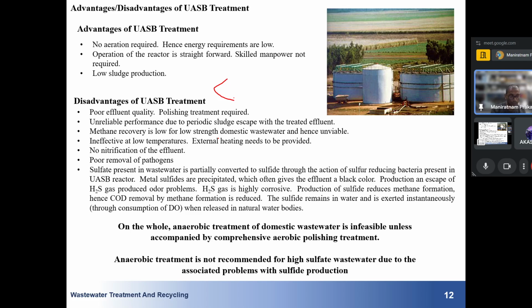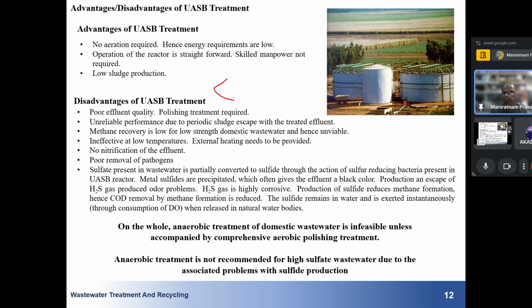So the temperature should be between 25 to 35 or 40 degrees Celsius. Only in that temperature will this bacteria act. So if the temperature is very low, what will happen is that the bacteria will die.